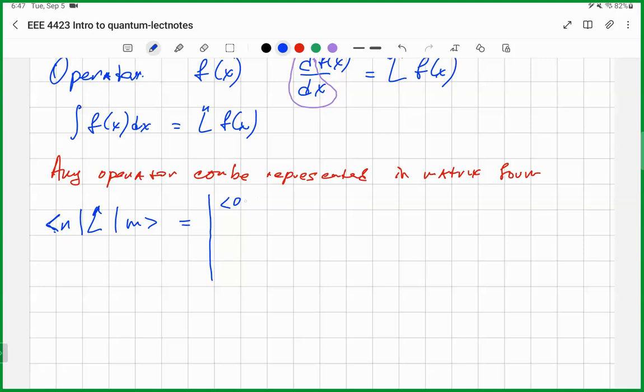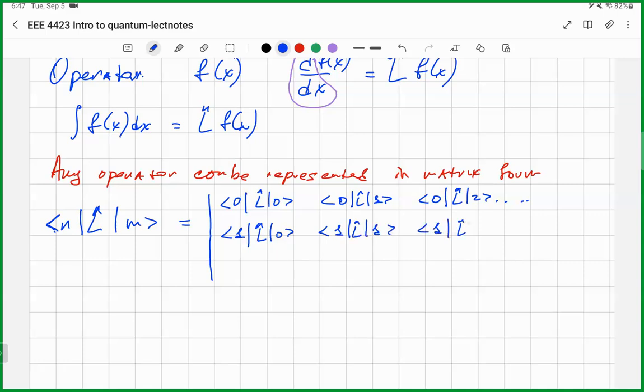So it's going to be <0|L|0>. Next one is <0|L|1>, <0|L|2>, and so on. And then <1|L|0>, <1|L|1>, <1|L|2>, and so on and so on.